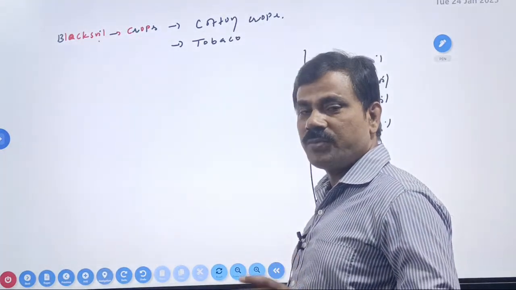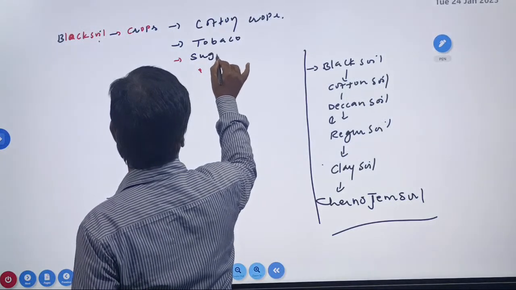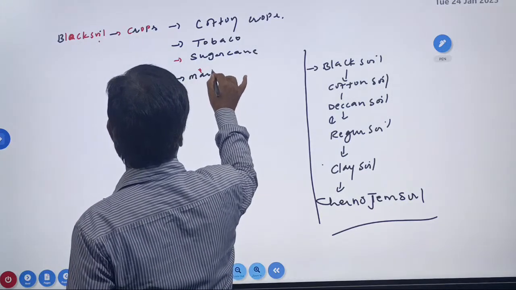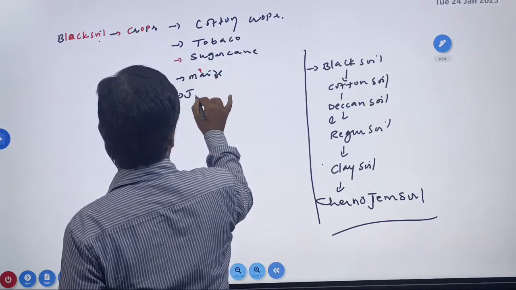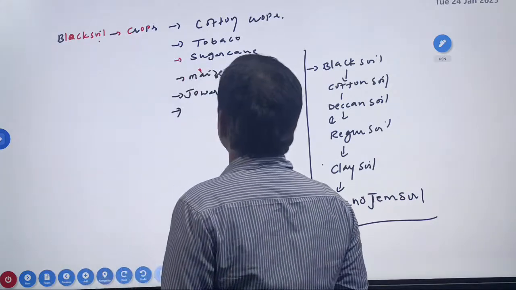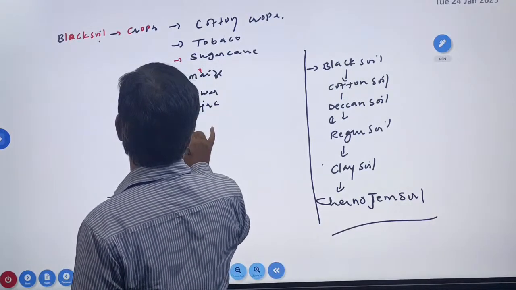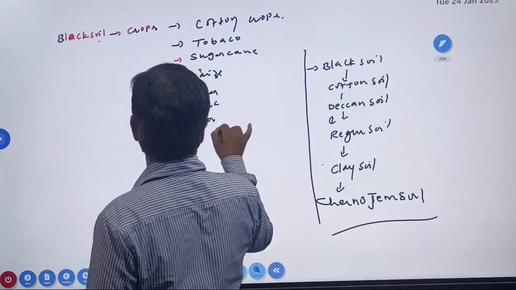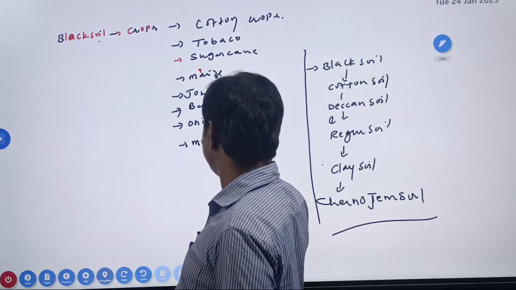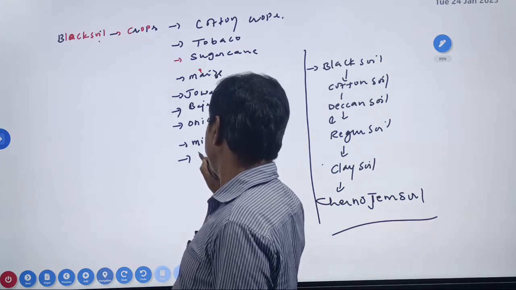Cotton is very suitable for this soil, and also sugar cane, maize, jowar, bajra, onion, mirchi, turmeric.